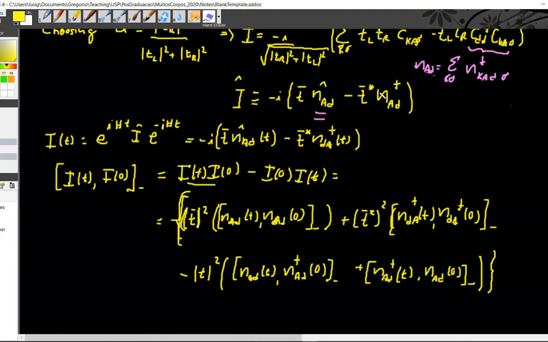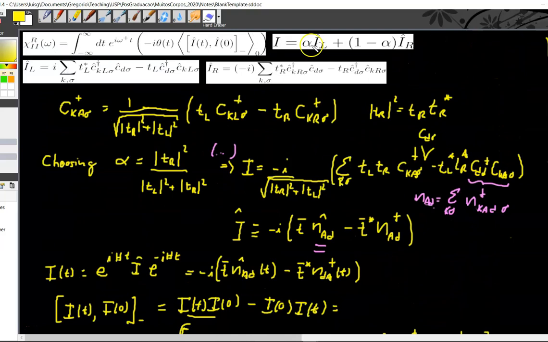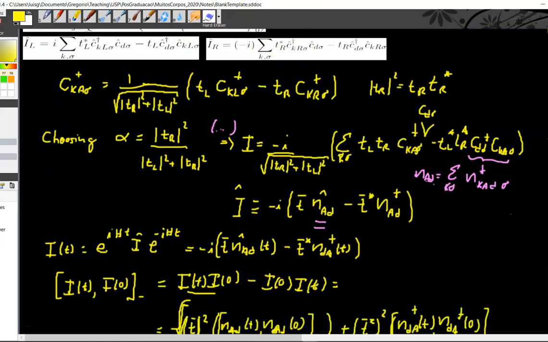All right, so let's keep in mind that at the end of the day, what we want to do is to calculate the expected value of this thing, right? That's what enters up there, the expression for the correlation function.